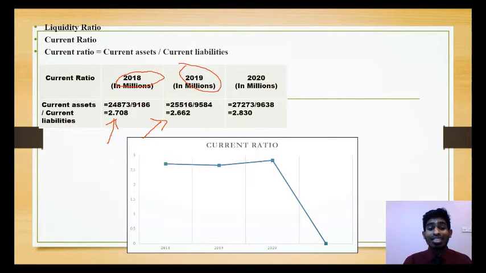Then the ratio slightly increased from 2019 to 2020, that is 2.662 to 2.830. A ratio greater than 1.0 demonstrates the organization has the financial assets to stay solvent in the short term. From the table, we can conclude that the current assets and current liabilities of Sime Darby Berhad are increasing every year.